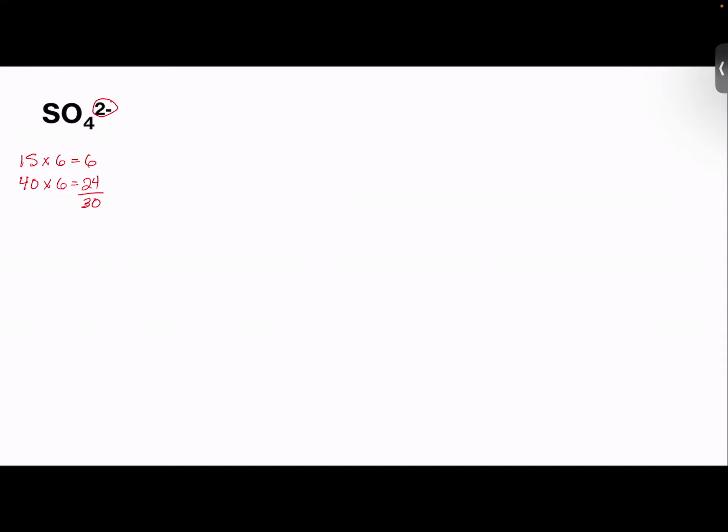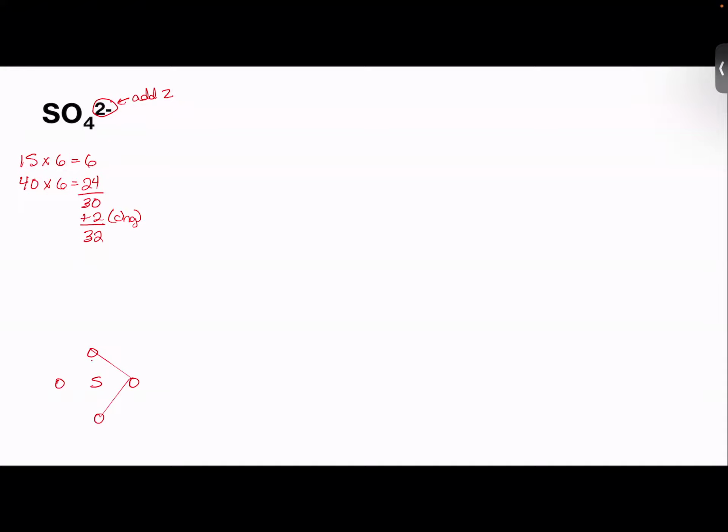But we have to take into account the charge, and this is telling us to add 2. So we're going to add 2 valence electrons due to our charge, for a total of 32 electrons that need to be distributed around the molecule. The central atom is going to be sulfur, around which we're going to place the 4 oxygen atoms.